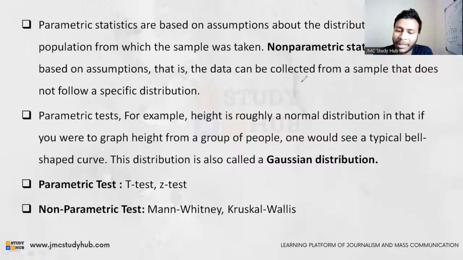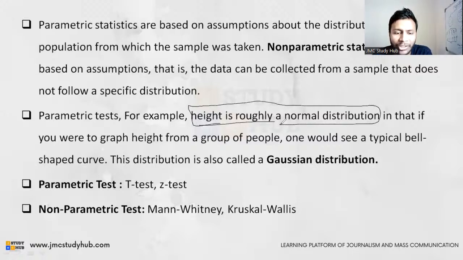Similarly here in parametric and non-parametric you have to do the same. For example, in the parametric test, height is roughly normally distributed, the height of a group of people or the height of the sample, okay, it will make the graph that is a typical bell graph, and height is roughly taken as normal distribution.